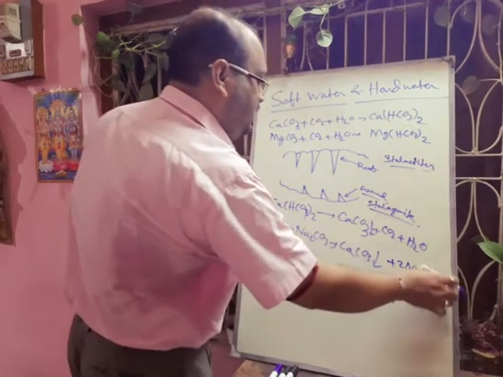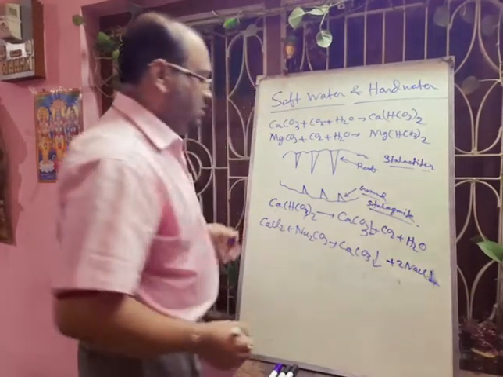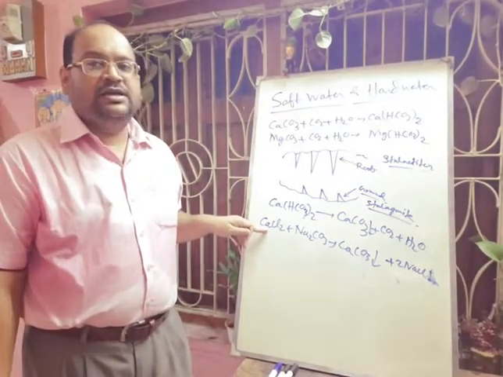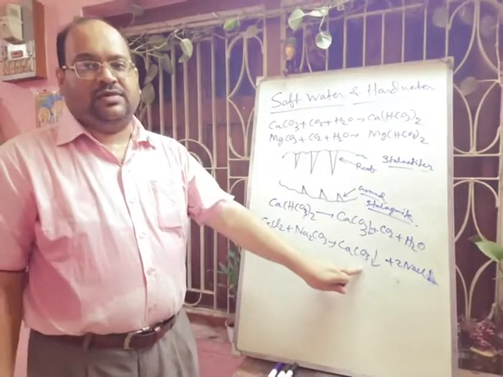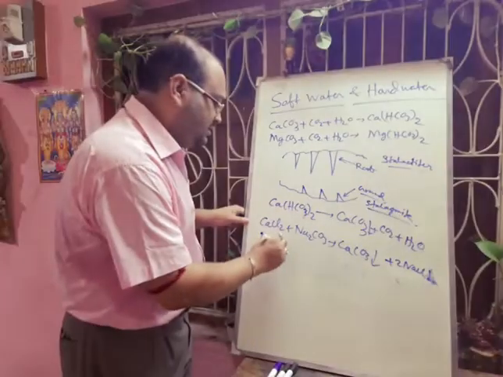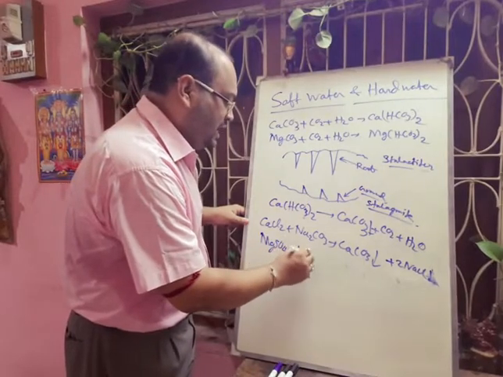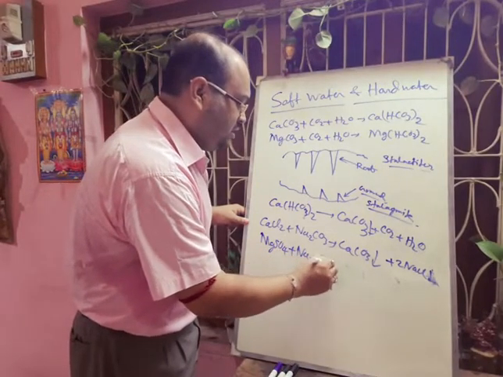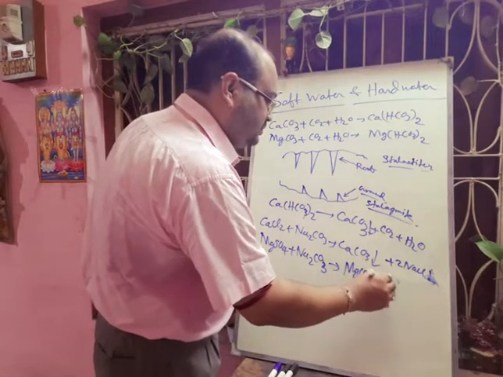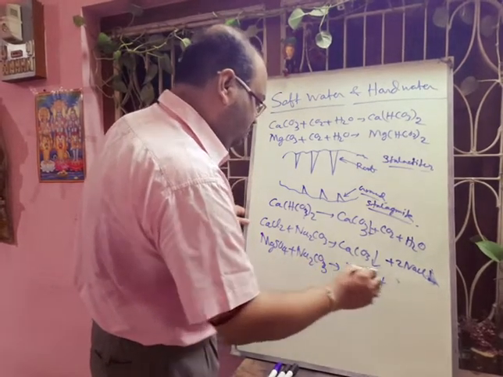NaCl will not create any hardness, but which one is creating hardness in the water? That is calcium ion. So calcium ion will precipitate as calcium carbonate. Hope you can understand. In the same way, if there is magnesium sulfate, that will also react with sodium carbonate, forming magnesium carbonate as precipitate, and there will be formation of sodium sulfate.